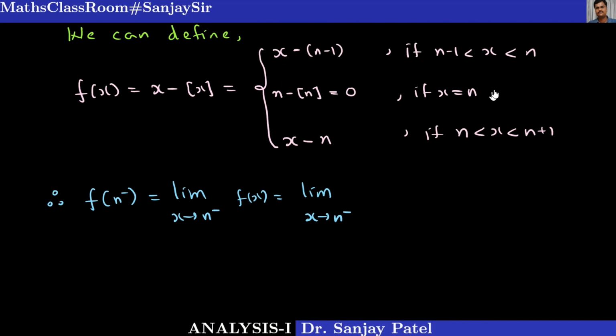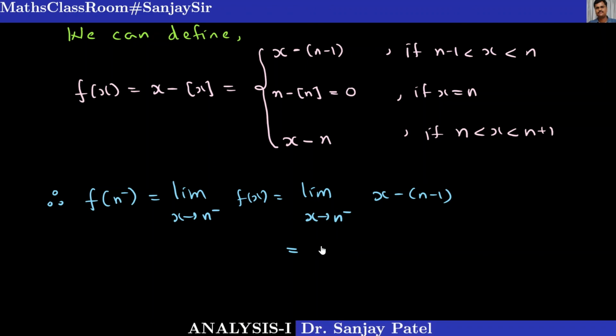On the left hand side of n, the function is given by the expression x minus n minus 1. Remember, this n is fixed, so n minus 1 is a constant. So x minus this constant is a simple linear function or a polynomial function, therefore it is continuous, and hence I can put the value of the limit directly, because the left limit and right limit both are equal and equal to the value of the function.